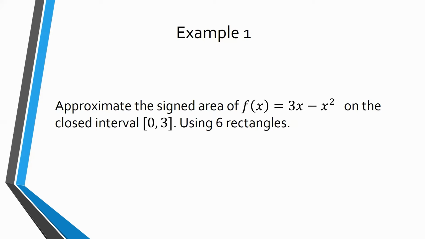When we say using 6 rectangles, in this section, we mean a very specific thing. I'll discuss that as I draw the picture. But first, let's look at the signed area of 3x minus x squared on the closed interval from 0 to 3.